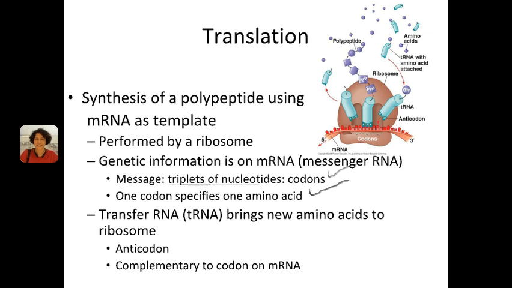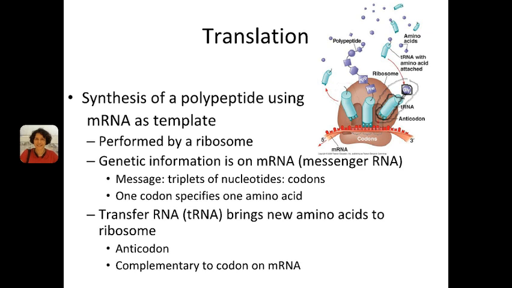They're going to be brought there by a different RNA molecule called transfer RNA. The transfer RNAs are shown here in this teal blue. Each transfer RNA is going to bring an amino acid. We see one here. The transfer RNA is the green-blue structure, and then here's the amino acid. So a transfer RNA brings an amino acid to the ribosome.